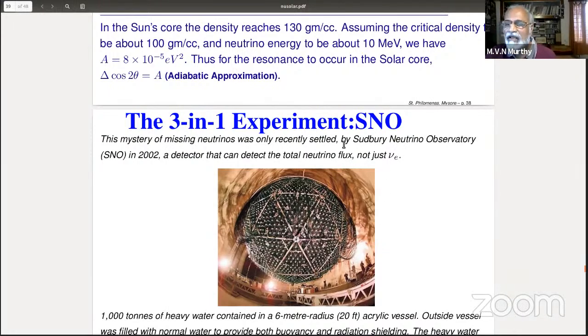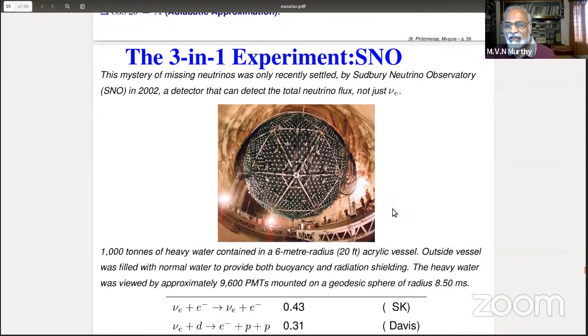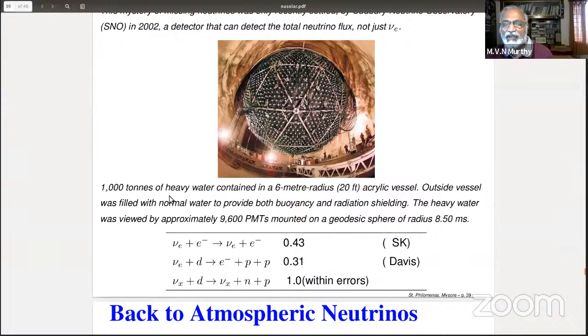And the original idea is due to a physicist called Herbert Chen, who unfortunately did not live long enough to see the realization of his dream. And this was a beautiful experiment. So the experiment consists of 1,000 tons of heavy water contained in a 6-meter or 20 feet radius acrylic vessel. Here it is.